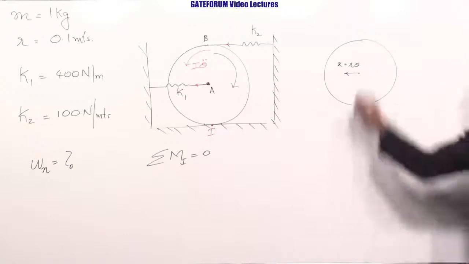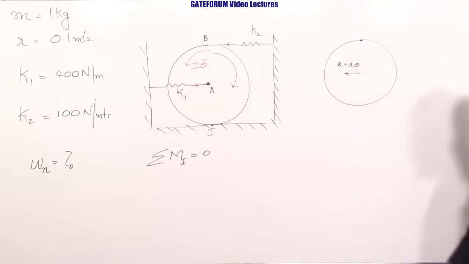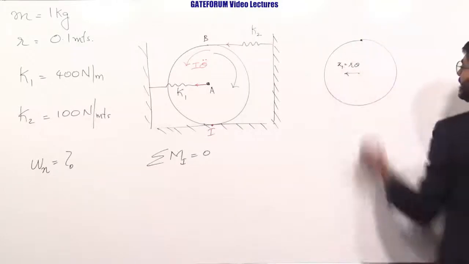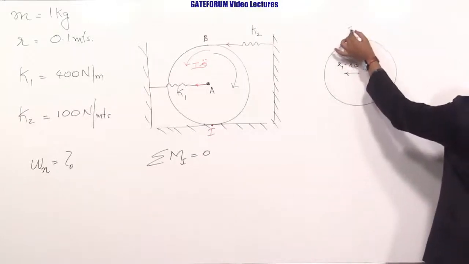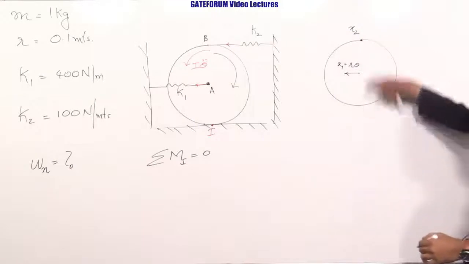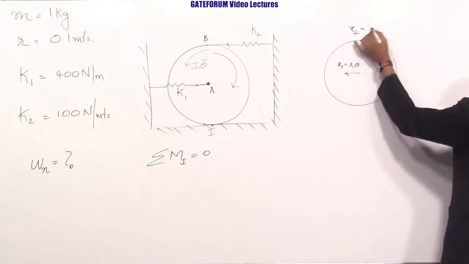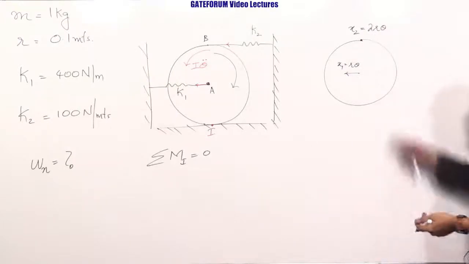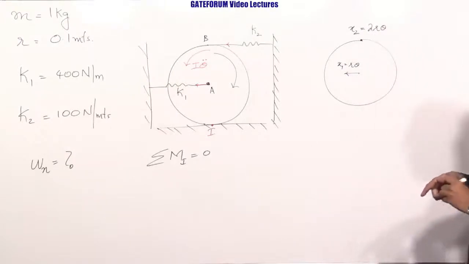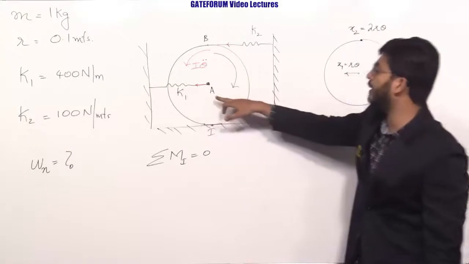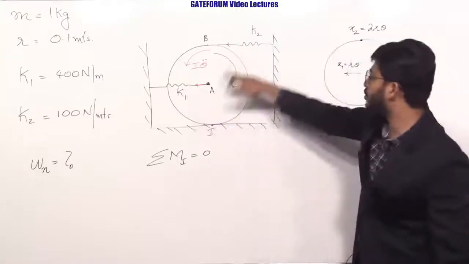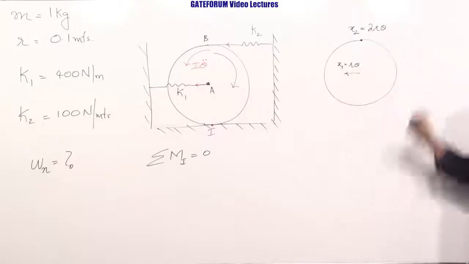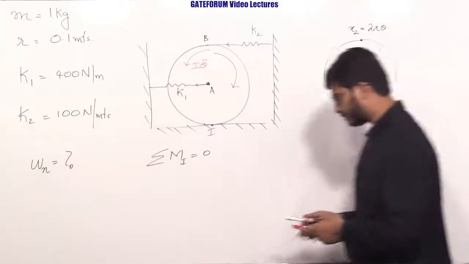Similarly, the spring on the circumference will have a displacement, let us say x2, which is x2 equals 2r times theta. So first we need to identify, based on the location of the mechanical impedances, that is these two springs, and first write the displacements. Okay.